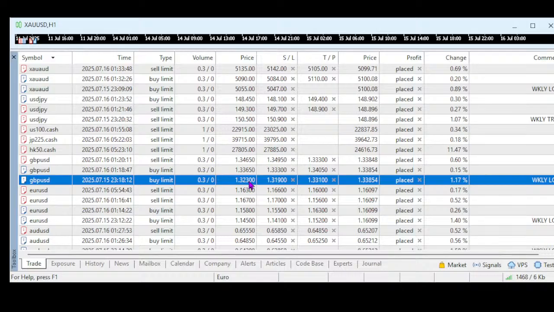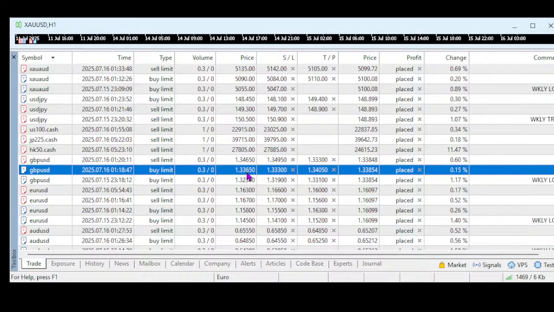So then we have a buy order at 33.65. Okay, this is for a scalping entry.